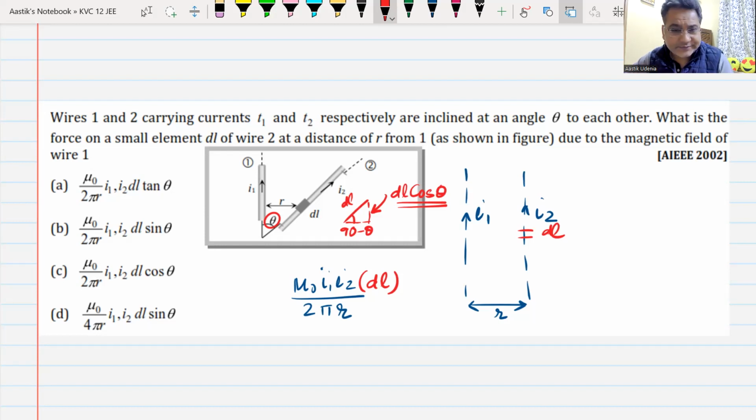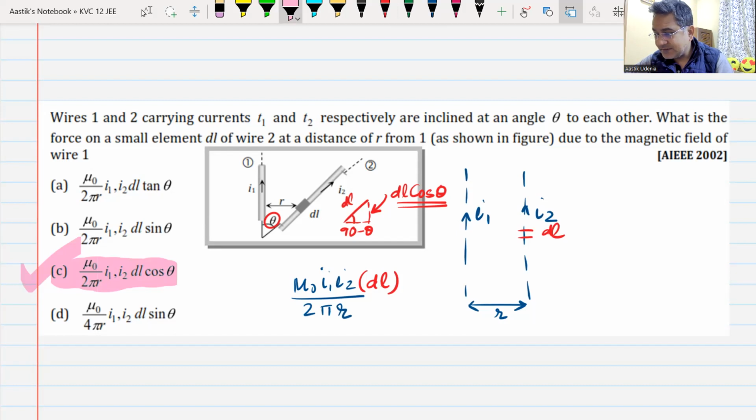I have taken that portion of the segment which is parallel to the wire, and therefore the answer becomes mu naught by 2 pi r I1 I2 dl cos theta.